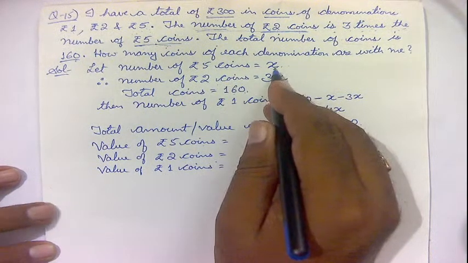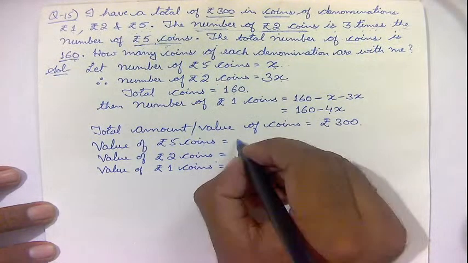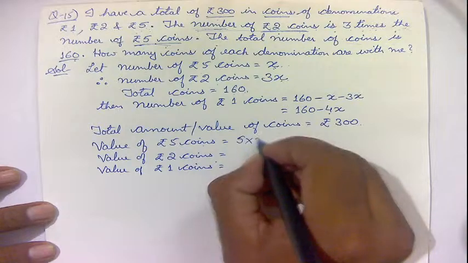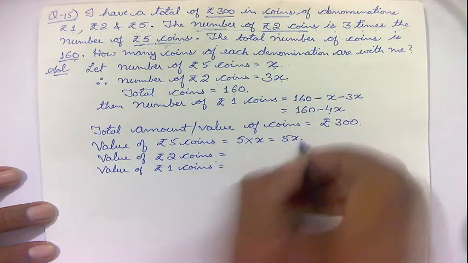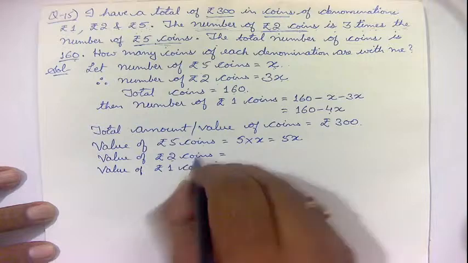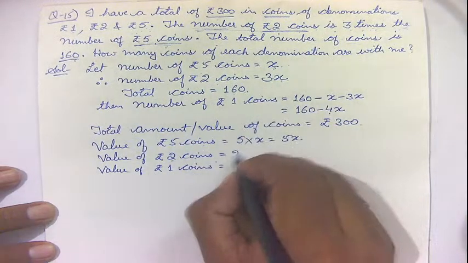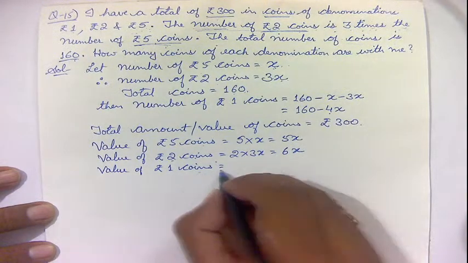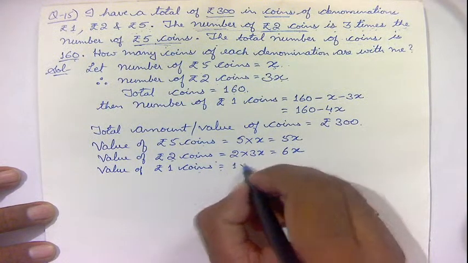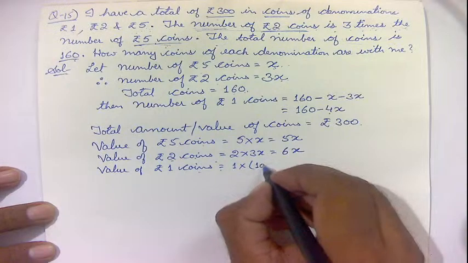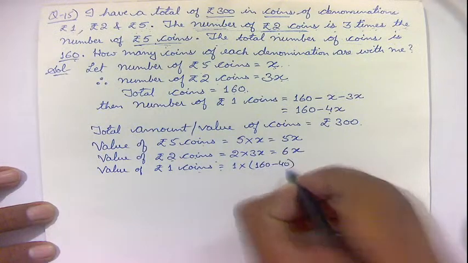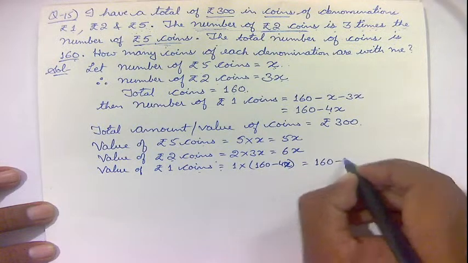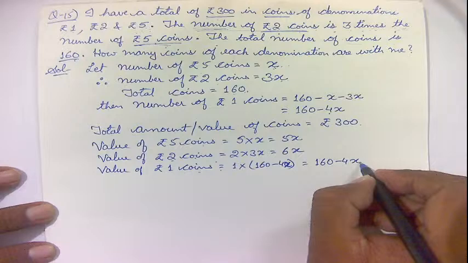Total is x number, one coin is 5, so the value will become 5 multiply x, that is 5x. The value of 2 rupee coins, they are 3x in number, so 2 multiply 3x, that becomes 6x. The value of 1 rupee coin will be 1 multiply 160 minus 4x. So this is 160 minus 4x.